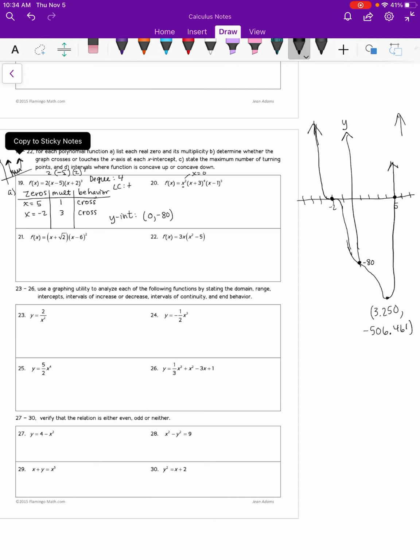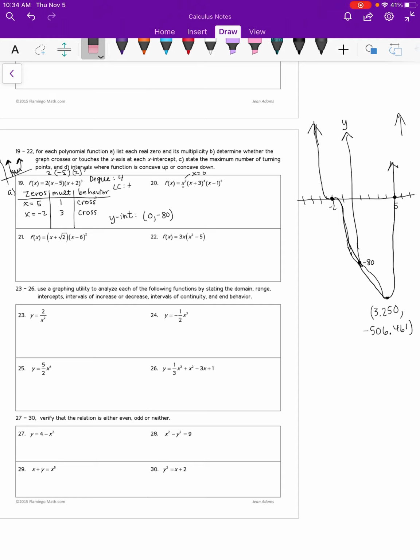And they are going to be asking us about concavity intervals. So we do kind of want to know what's happening. I'm looking at my graph and I'm thinking, that really isn't a very good graph, is it? Oh, goodness.